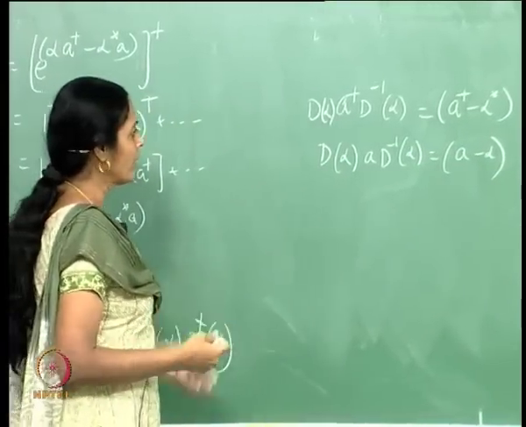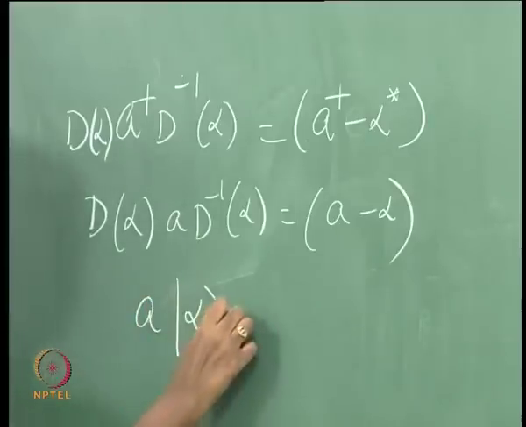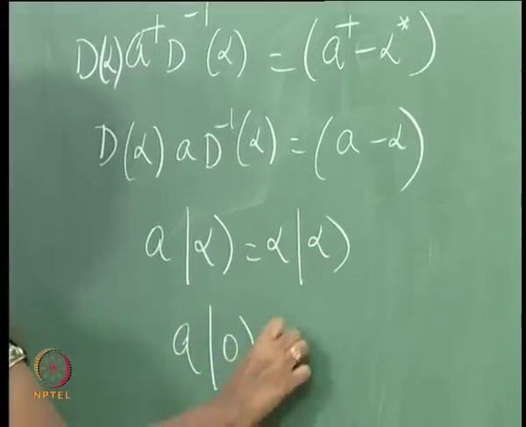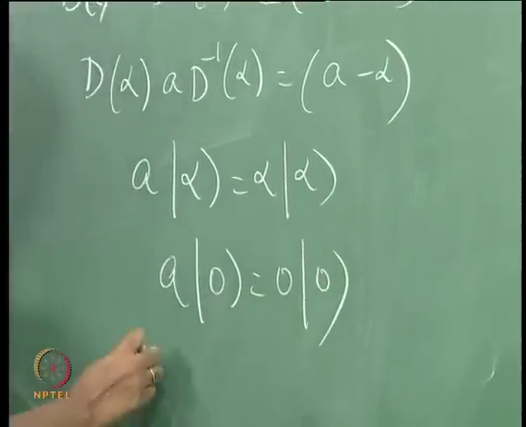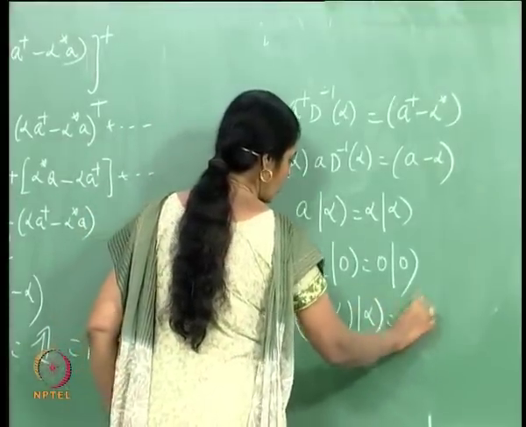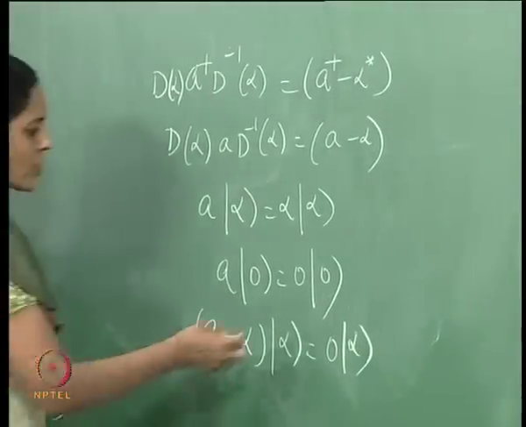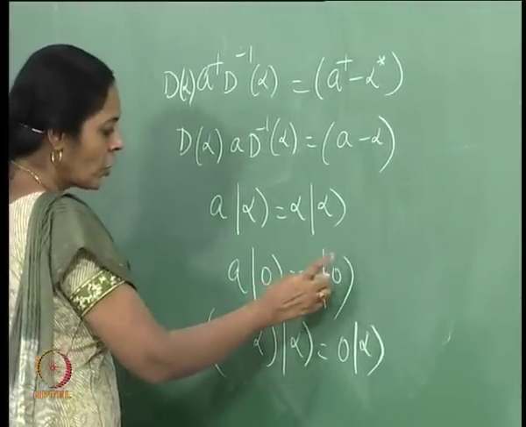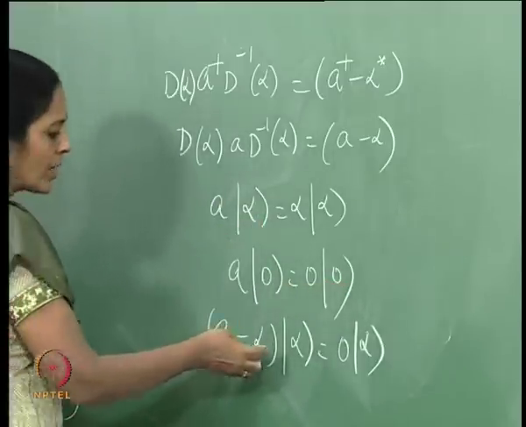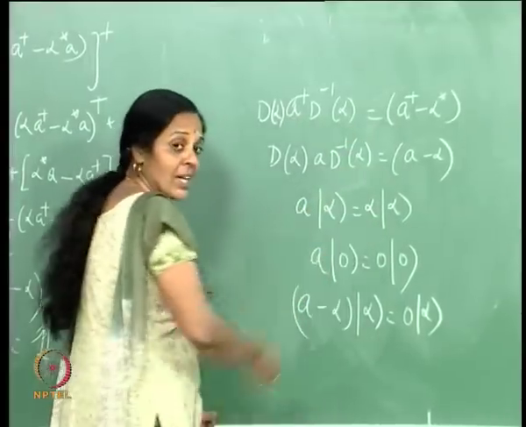Now, the reason why I might expect this to happen is because I know that a on ket alpha is alpha ket alpha, a on ket 0 is 0 ket 0, and therefore a minus alpha on ket alpha is 0 ket alpha. So I wonder if the operator which transformed ket 0 to ket alpha also transforms a to a minus alpha and a dagger to a dagger minus alpha star.